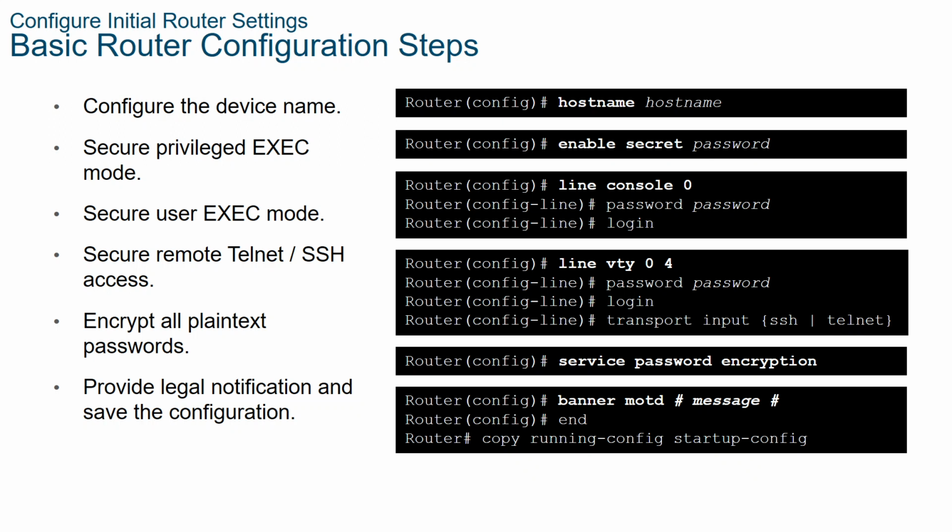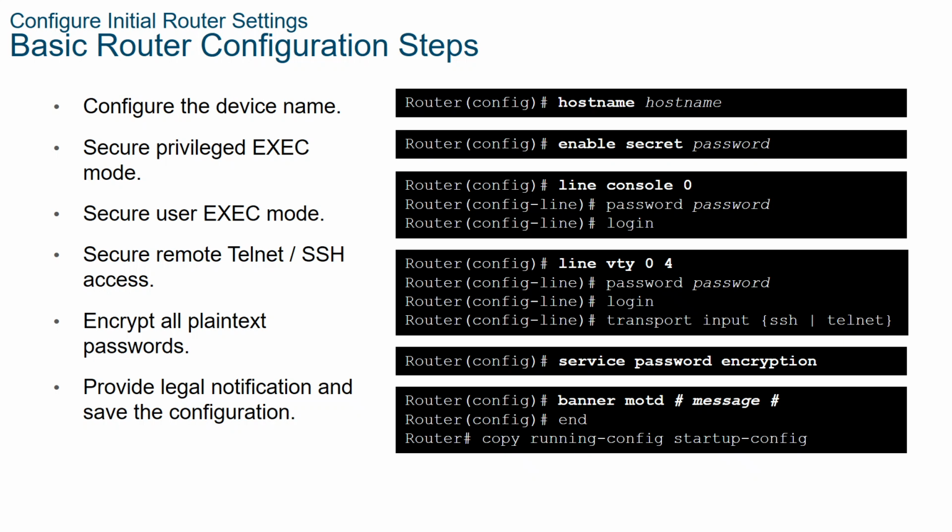This normally says authorized access only, to indicate that anyone who sees it is on a router that requires authorized access. If they're there unauthorized, they have been told they needed authorization to access it. So legally they know they're trespassing and illegally accessing this device.